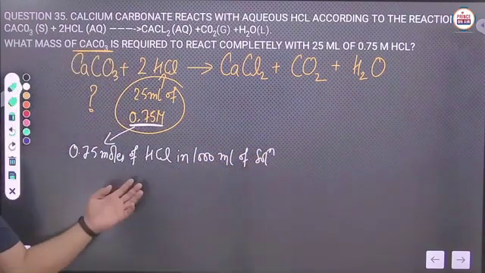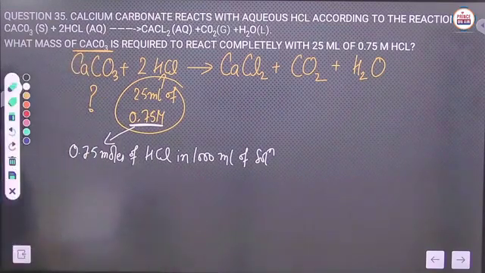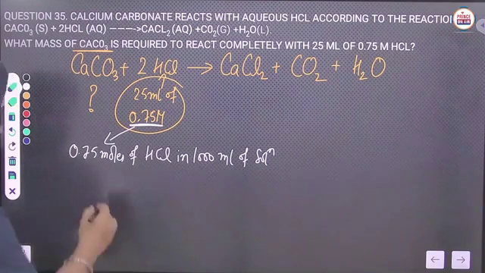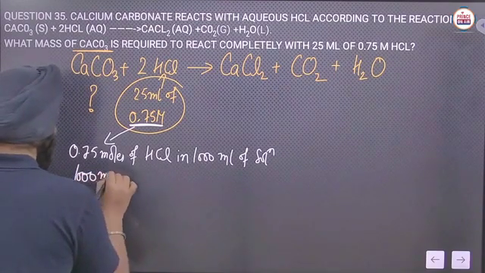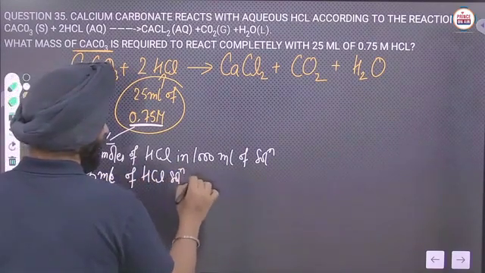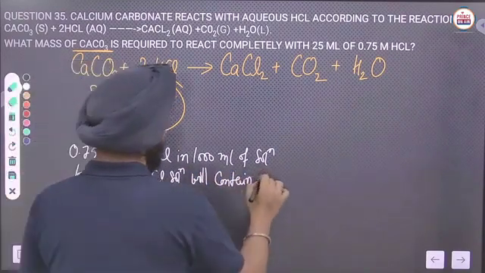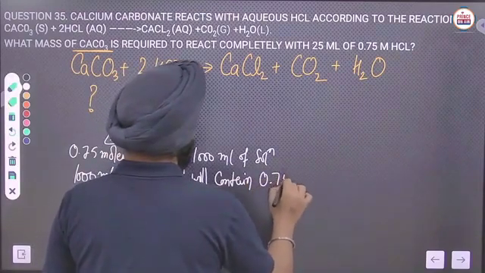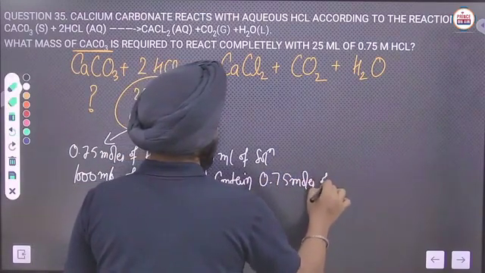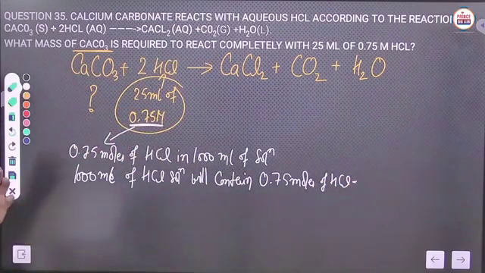It means that 1000 ml of HCl solution will contain 0.75 moles of HCl.